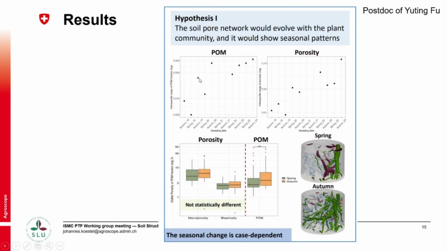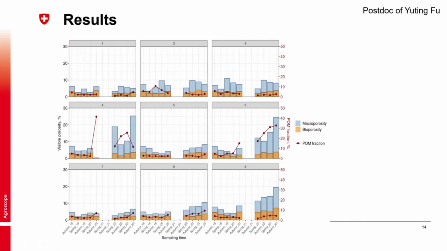And if you look at the POM fraction, you see it really varies a lot depending on the individual soil column. So column number 4 is the one where the Jerusalem artichoke was growing, and there you had a lot of below-ground immature biomass created, which was then eaten up subsequently.